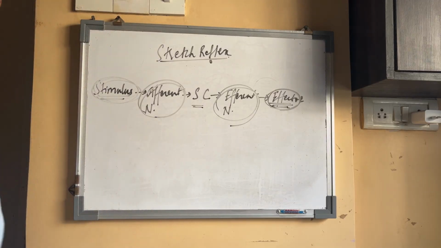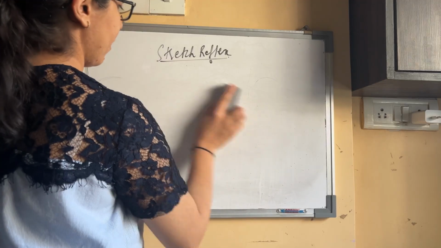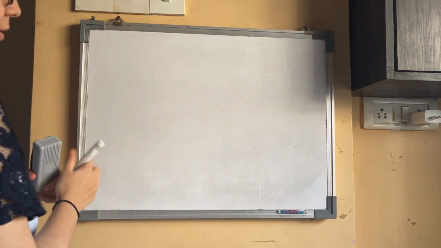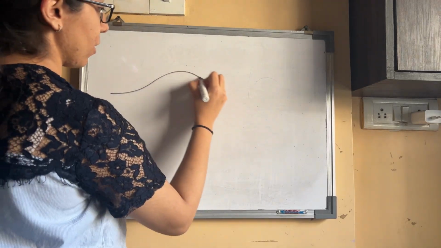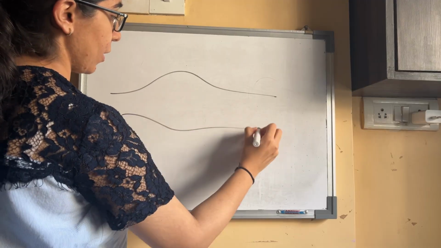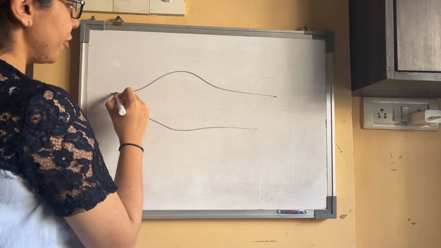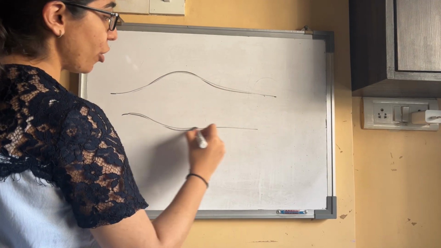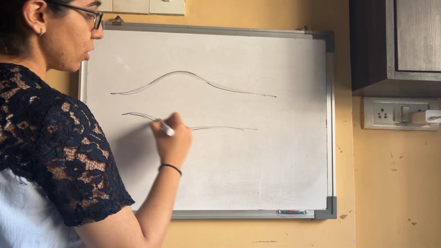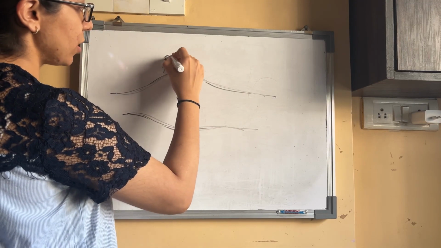So now, this is the muscle, which consists of extrafusal fibers. So these are the extrafusal fibers.